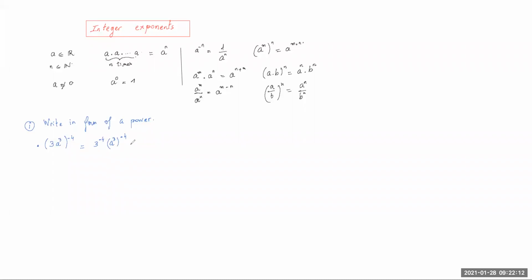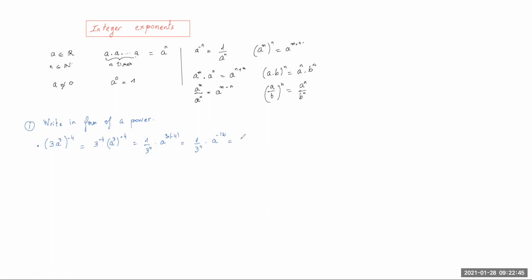Let's continue. Now, a quantity to the power minus n, so I will use that one: it will be 1 over 3 power 4. And then for a power to a power, I can use the other property: it will be a to 3 times minus 4, so a power minus 12.